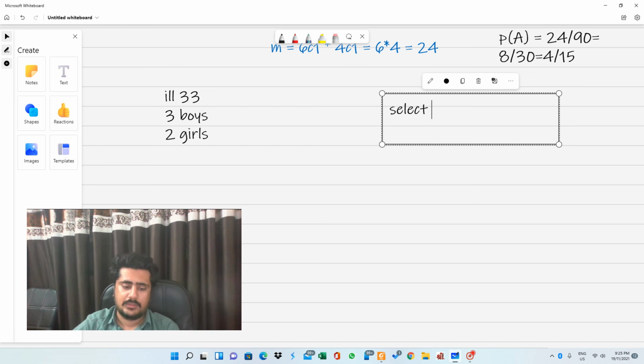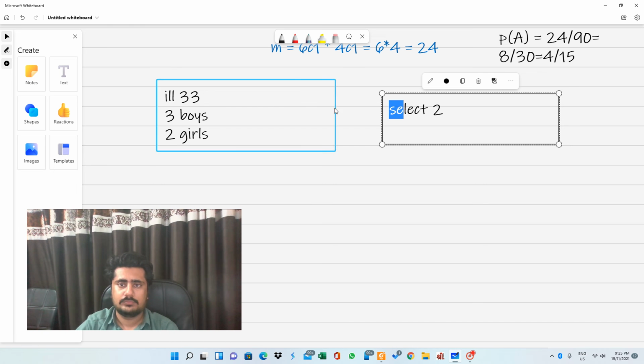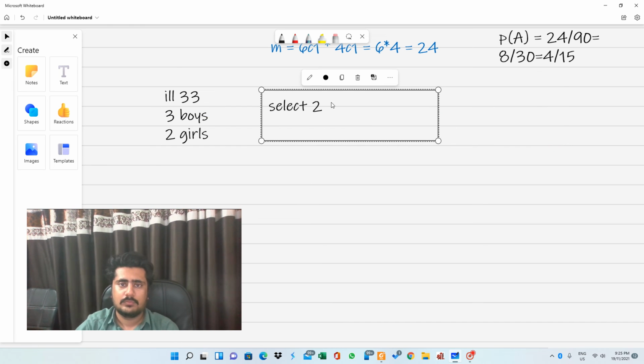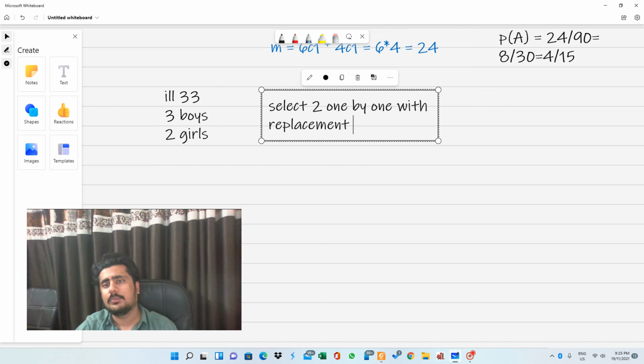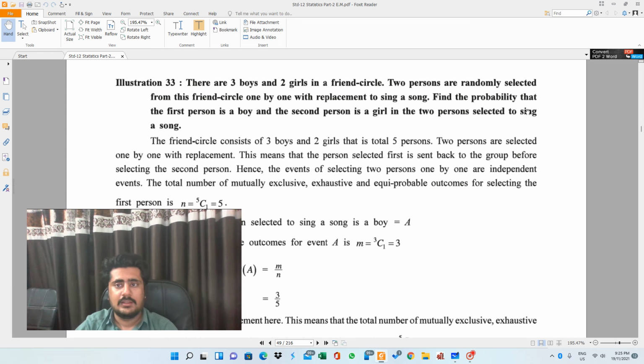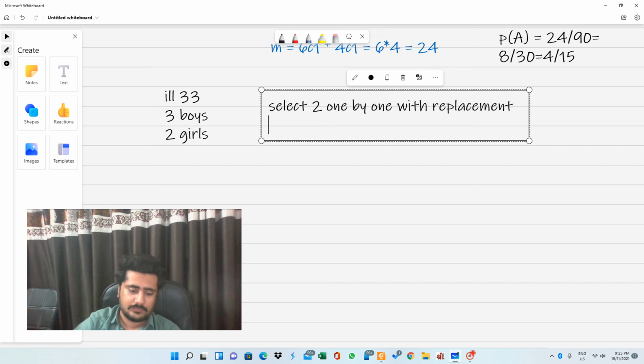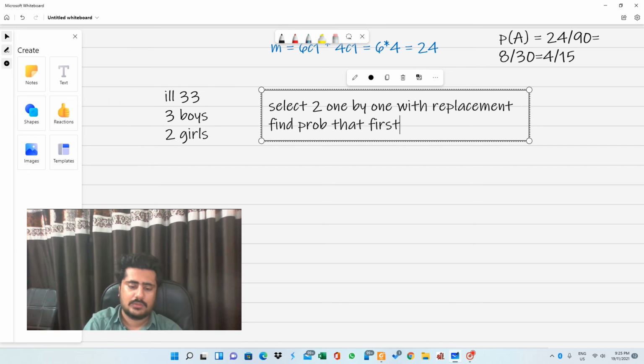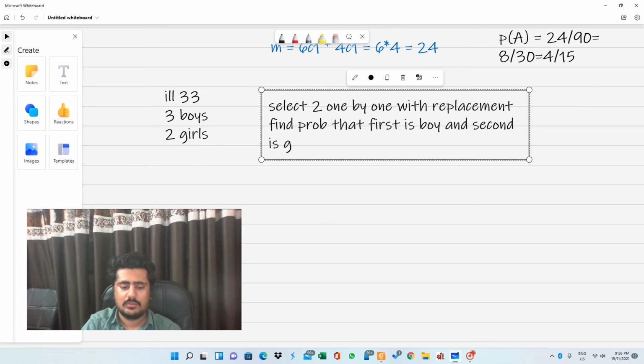You have to select two one by one with replacement. With replacement means the object which is selected can be selected again. I have to find the probability that first is boy and second is girl.